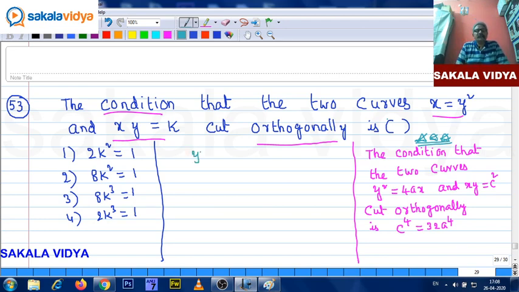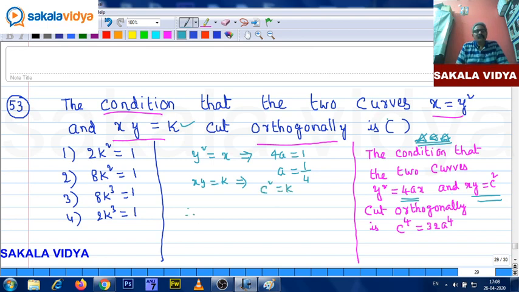Given y square is equal to x, if you compare to y square is equal to 4ax, 4a equals to 1, we have a is equal to 1 by 4. Now, this equation xy is equal to k compared to xy is equal to c square, we get c square is equal to k.